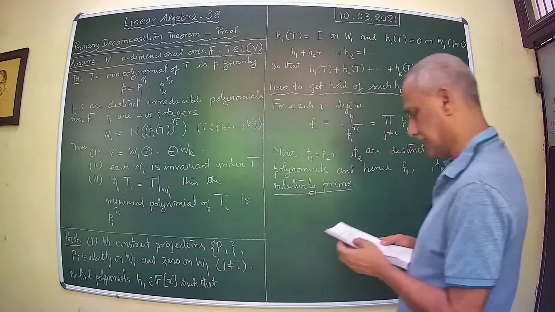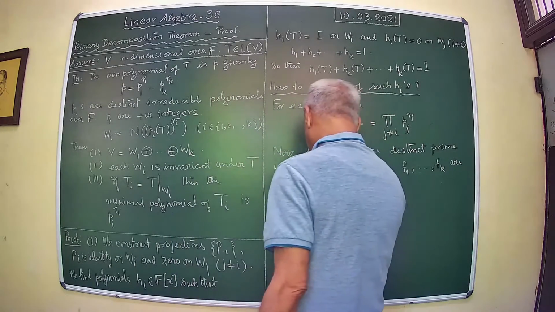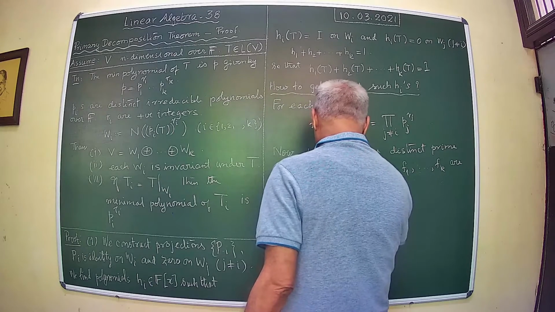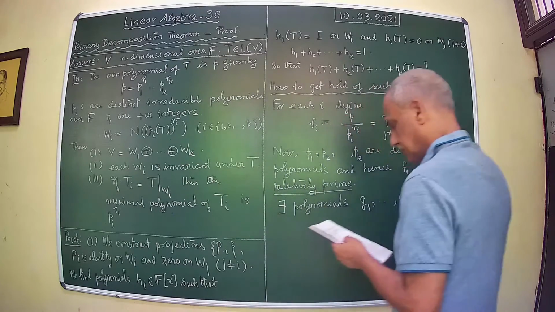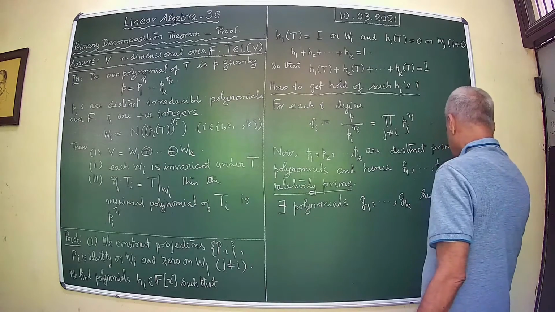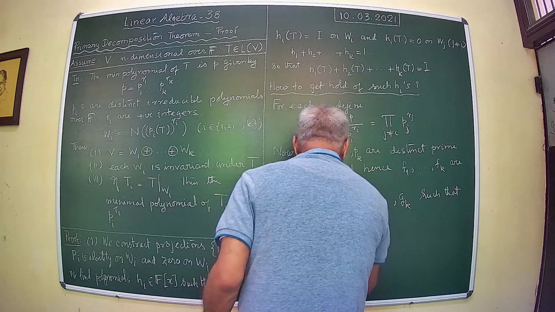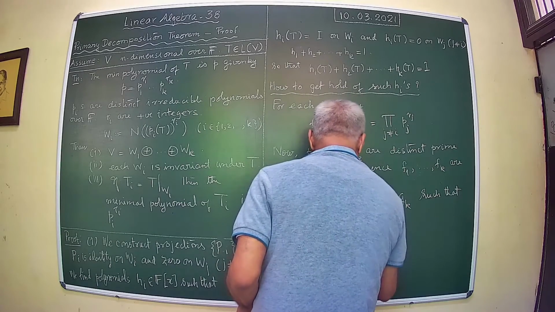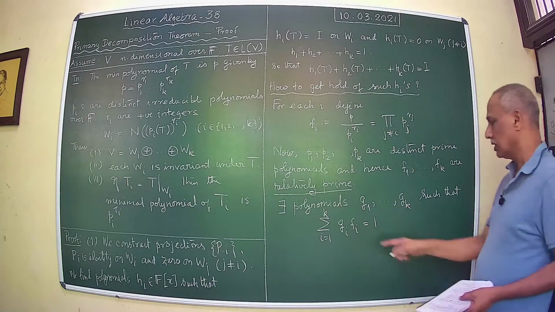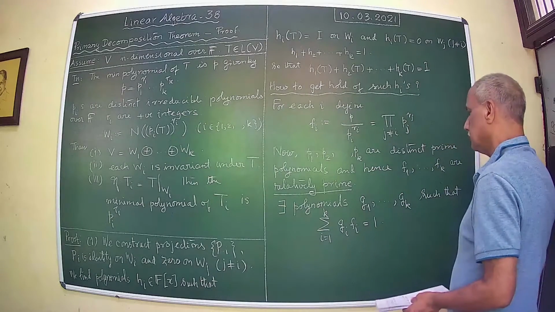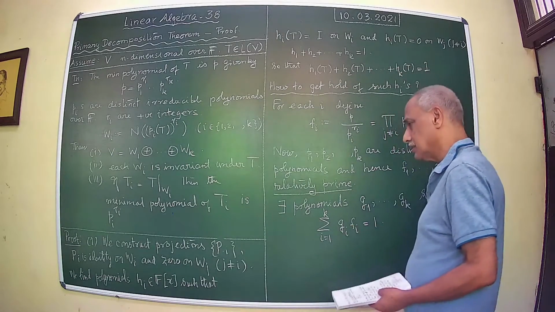Now what one does is this. There exist, by one of the theorems of polynomials, g1, ..., gk such that the sum of fi gi equals 1. This means 1 can be written as a combination of these relatively prime polynomials f1, f2, ..., fk with coefficients gi.